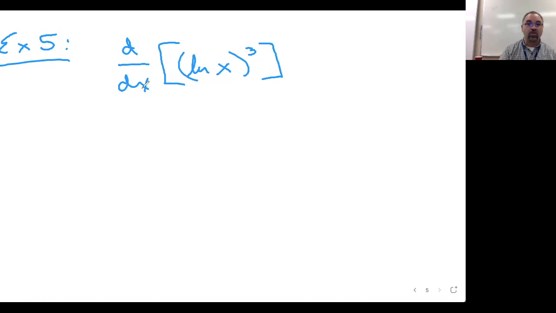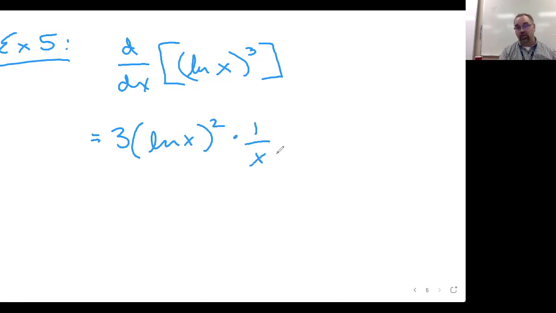So when you want to derive these, outside function first, 3 times natural log of x. Bring down the power, subtract 1 from the power, then multiply by the derivative of the inside stuff. And simplify it up, you get 3 natural log of x quantity squared all over x, like so. Yeah, so there's lots of different kinds of functions now that we could invoke as long as they have a natural log in them.